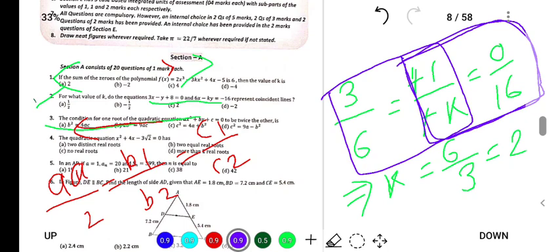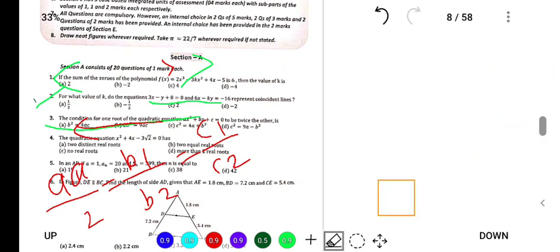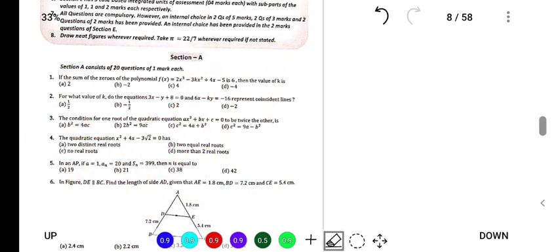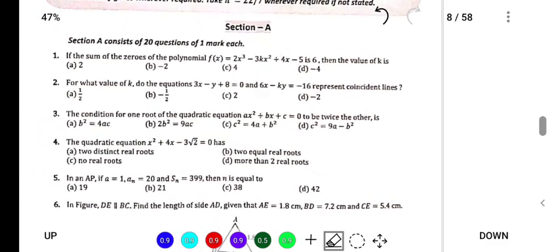So the left portion is sufficient, k will be 6/3, and the answer will be 2. Got it? In this case the answer will be 2. Okay, fine.